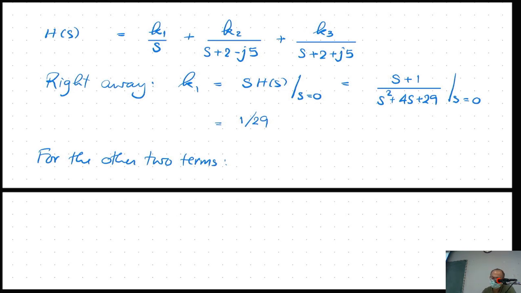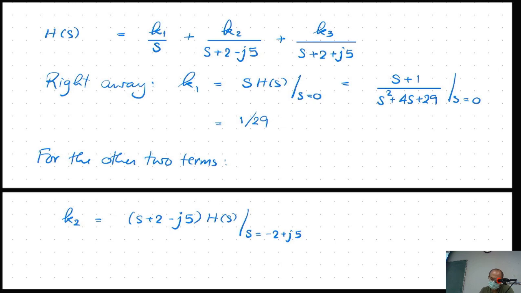Okay, let's look at K2 and K3. K2 is S plus 2 minus j5, times H(S), and then plug in S equal to minus 2 plus j5, which is the second pole.